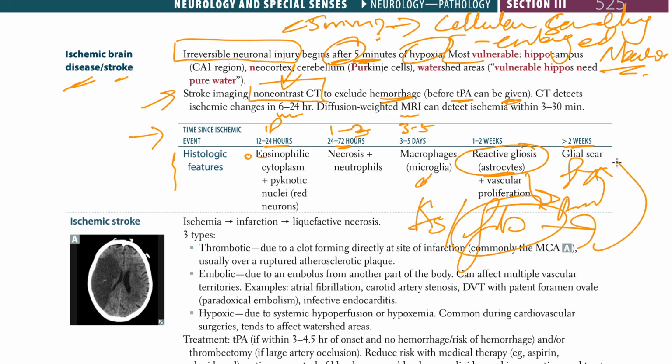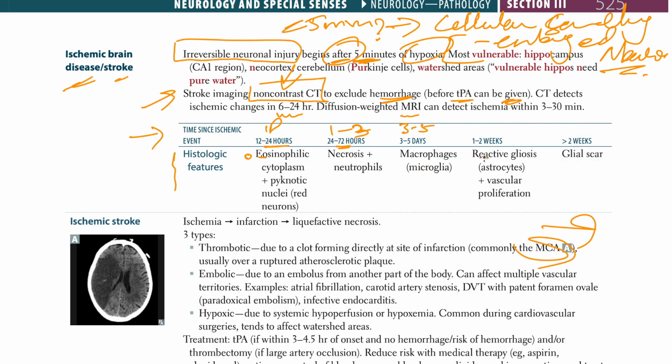Fibroblasts do the same thing, but astrocytes are in the brain, and fibroblasts are all over the body. So here we will see the astrocytic process, glial scar. Remember these wordings for gliosis, glial scar: astrocytes, astrocytes, astrocytes.